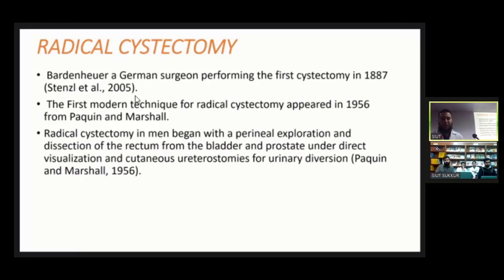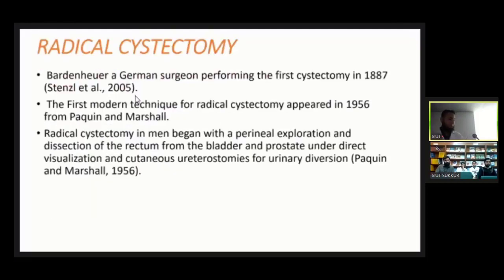From the beginning, radical cystectomy was performed with perineal exploration and dissection of the rectum from the bladder and the prostate under direct visualization, and a cutaneous urostomy for diversion was formed.